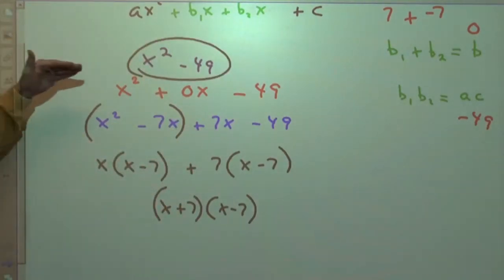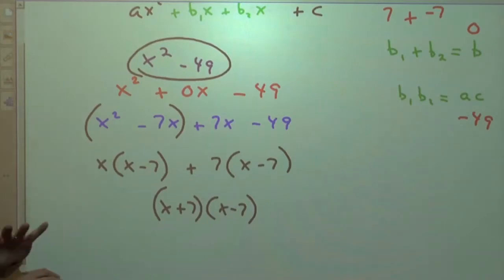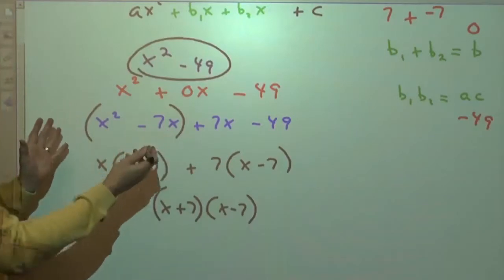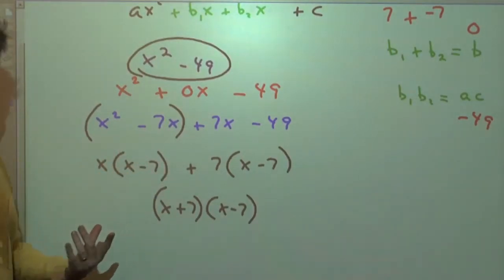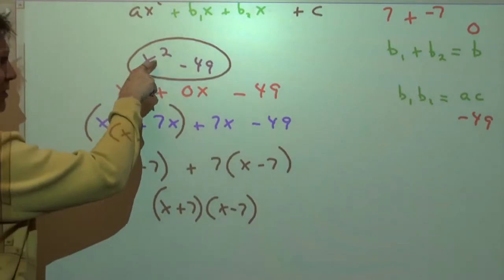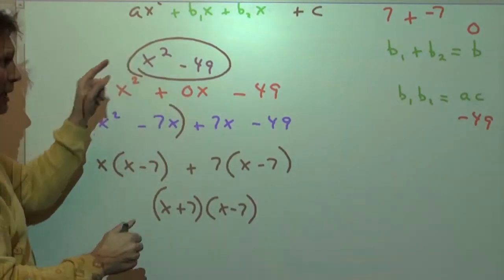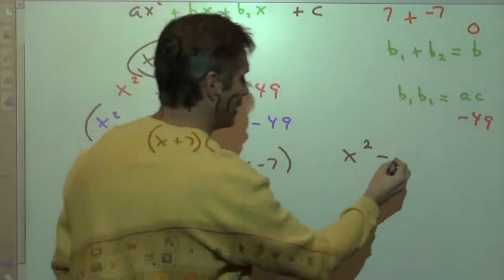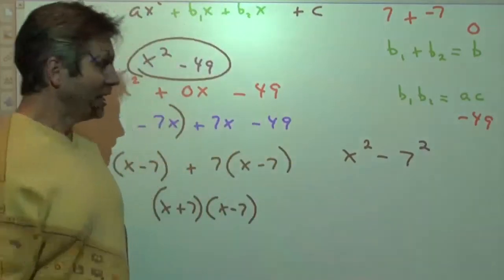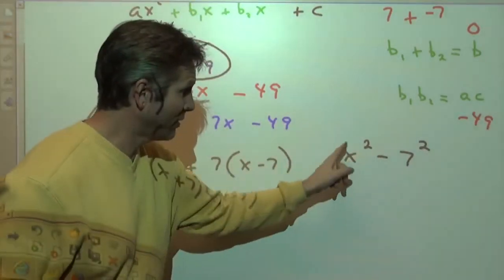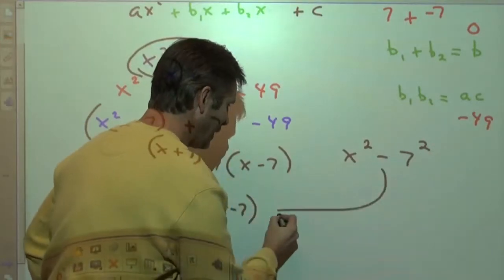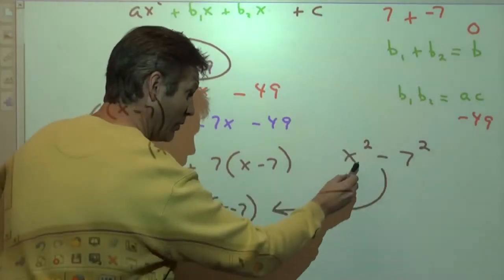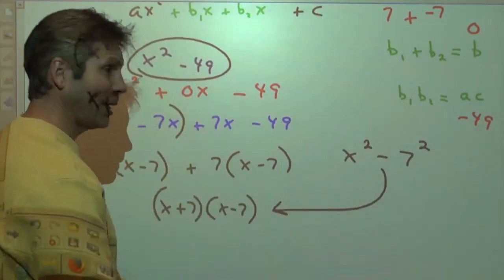Now, you can go through all of this hassle that we just did, and it works. And so it's like, I still have to be careful with my quadratics. That's fine. Use this grouping approach that we've learned. But if you can see that this is a difference of 2 squares, that what you're looking at here is x being squared, and then there's a difference, subtraction, and 7 is being squared, then you can immediately memorize that it becomes whatever the squares are: x plus the 7 times x minus the 7.